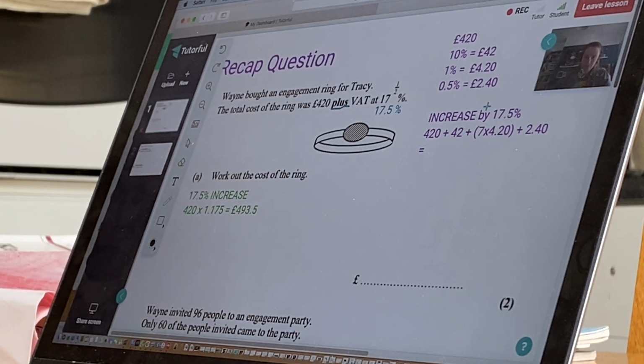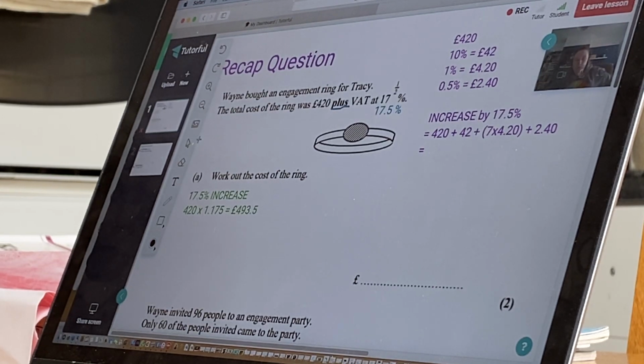I thought we were doing find the percent of it. That is the next question, which asks you to find the percent of it. Did you do 17 divided by 420? No. I just found the normal way of finding the percent.